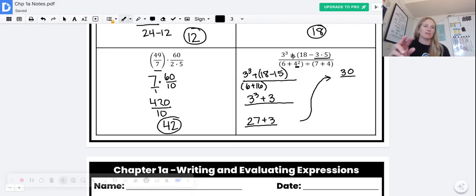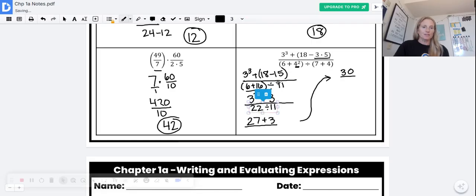Because 4 squared means that large base of 4 multiplied by itself 2 times. I can actually go ahead and add these two numbers together because they're in a separate grouping to just get 11. Now I need to continue to simplify inside this first grouping. So I'm going to do 6 plus 16 to get 22.